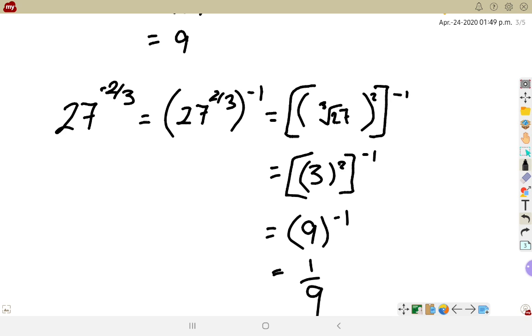If you really wanted, you could have done the negative first, and that makes it 1 over 27 to an exponent of 2 over 3, and well, we know 27 with an exponent of 2/3 is 9, so I get 1 over 9.